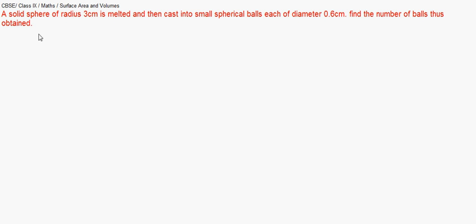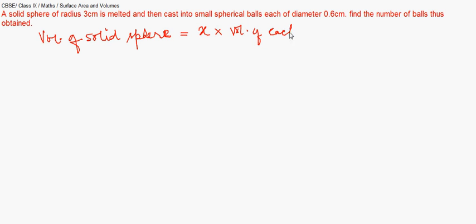So the volume of this solid sphere will be equal to, suppose we are making x number of such spherical balls which have diameter 0.6 centimeter, x times the volume of each small spherical ball.